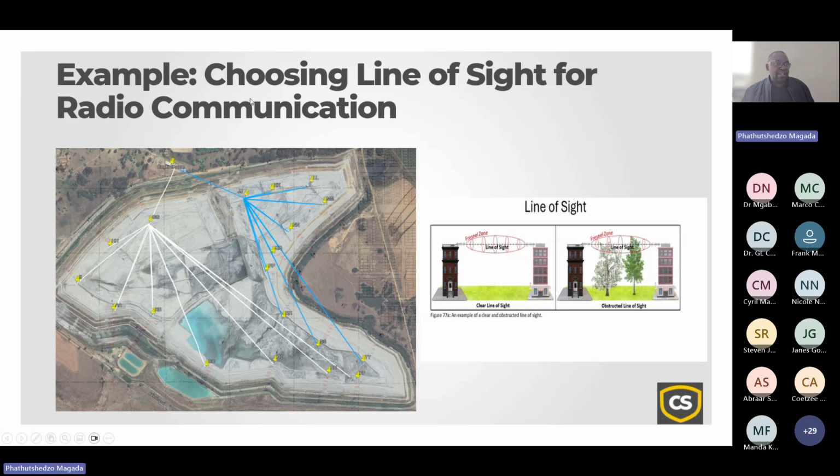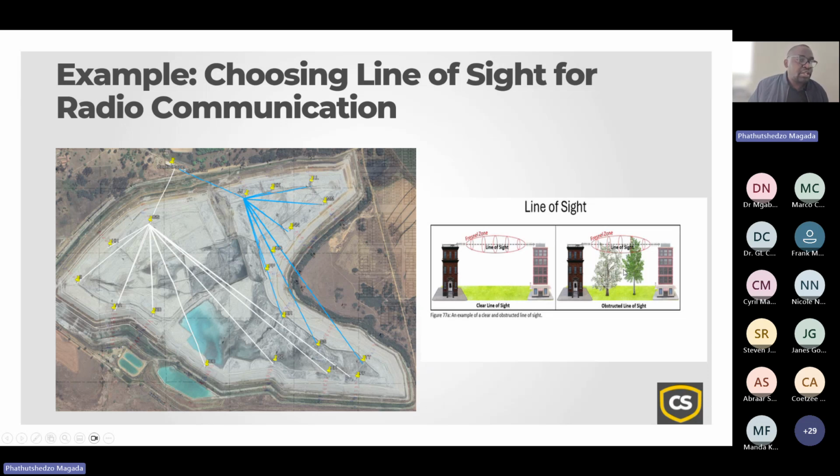One of the important aspects of line of sight is that line of sight changes over time. If you check the picture on your right, you will see that at first there was clear line of sight, enabling the radio to communicate from this building to the other building. But over time, the vegetation started growing.